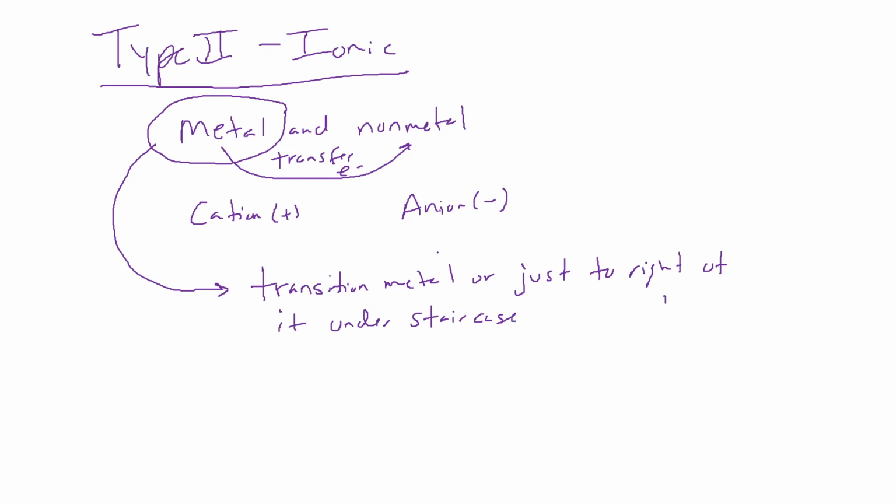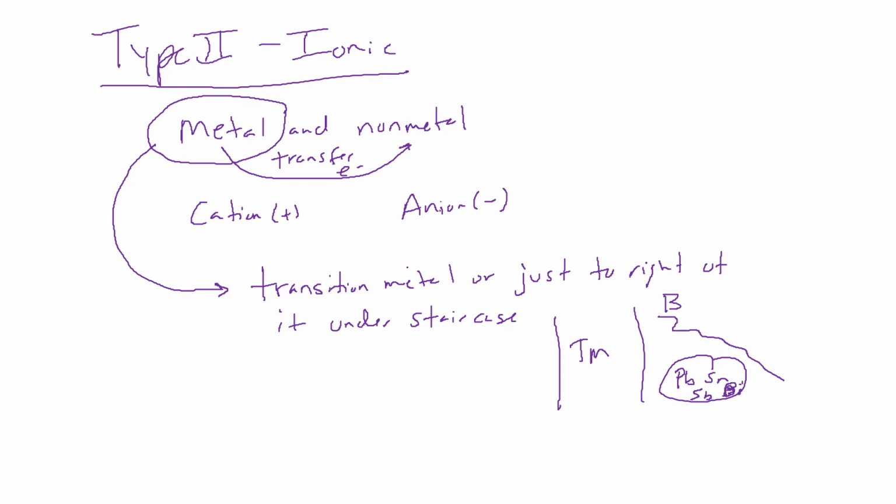So you've got boron up here, you've got your little staircase happening, you've got your transition metals here. Underneath here, you've got things like lead, tin, antimony, bismuth, etc. So these guys that are not technically transition metals do have a variable charge like transition metals, so they're kind of grouped in with them.